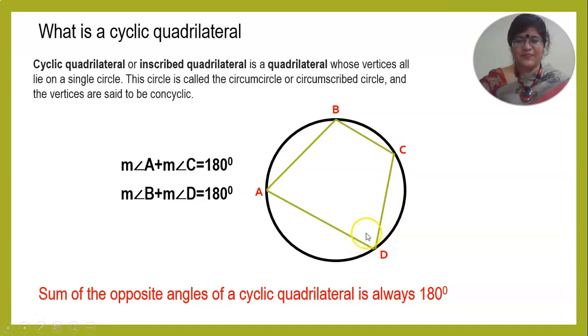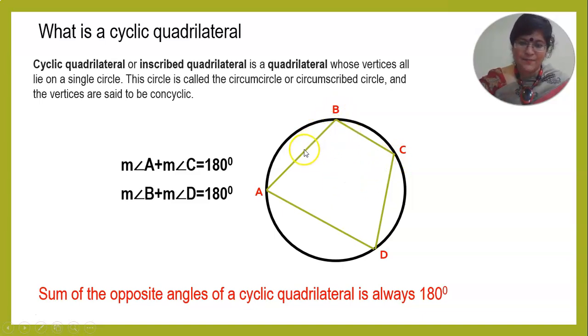Look at angle D. Angle ADC is this angle. It is inscribed in the circle. So this inscribed angle ADC is intercepted by which arc? You have to take the opposite arc. So it is intercepted by arc ABC. I hope it is clear.